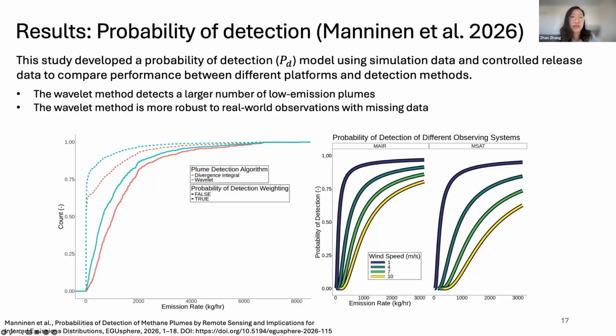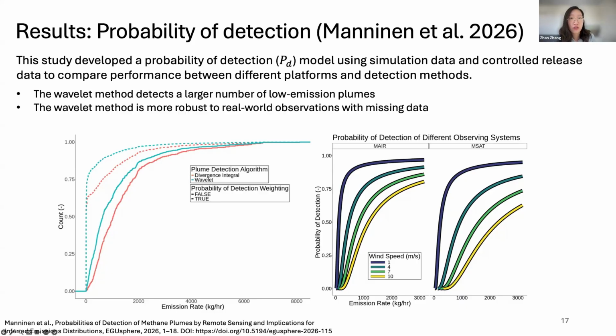What we see here is that the wavelet method consistently detects a larger number of low emission plumes with or without this PD weighting. This leads to a less heavy tail distribution. Also, this paper implies that the wavelet method is more robust to real-world observations compared to the DI method. And by real-world, I mean observations that usually have issues with missing data.